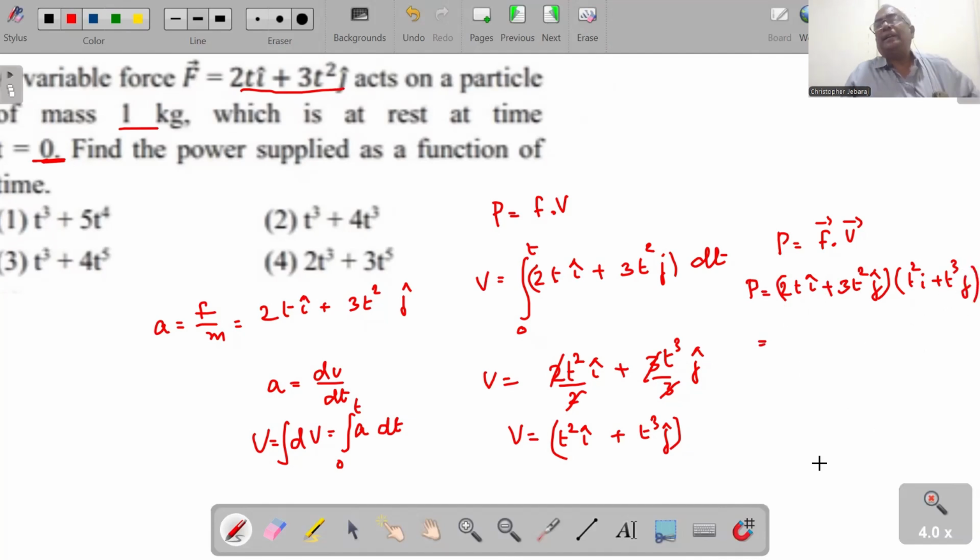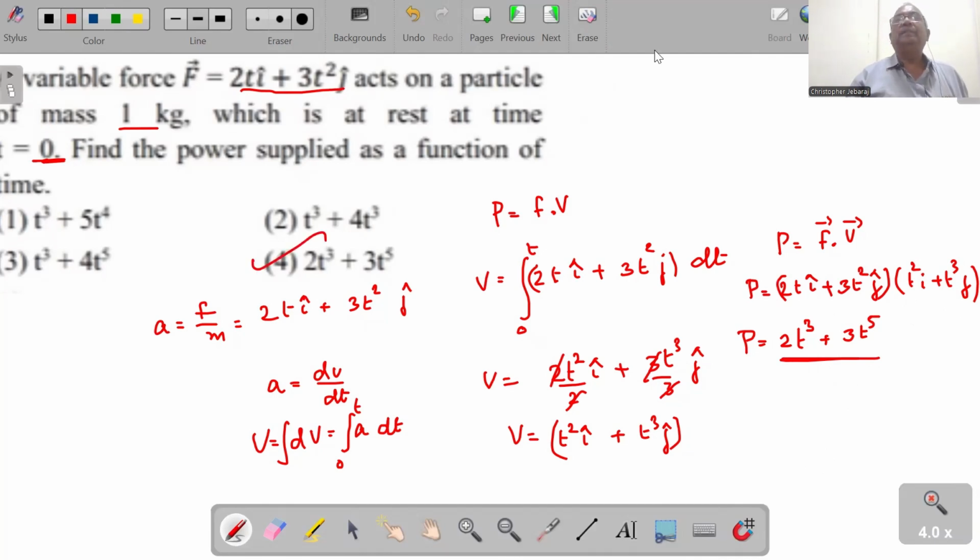So i dot i becomes 1. So 2t into t squared is 2t cube, plus 3t squared into t to the power of 3 is 3t to the power of 5. This should be the power. So 2t cube plus 3t to the power of 5 is the answer.